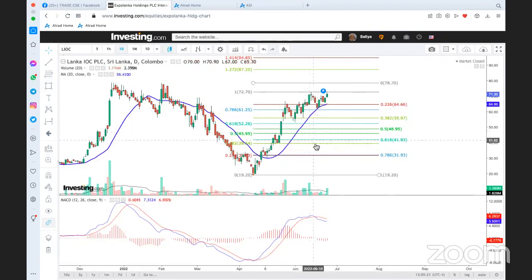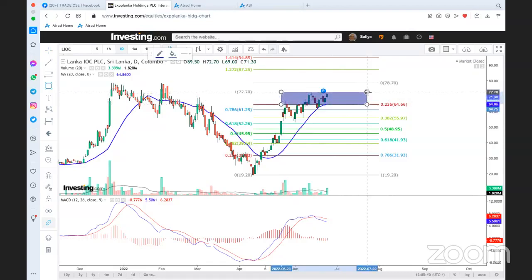There again, now if you are talking of drawing the supports and the resistance levels, obviously, as I mentioned, this area at the moment is the resistance level, right? Because there is a double top here, I would take this level as the resistance.